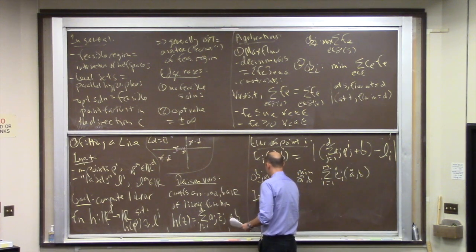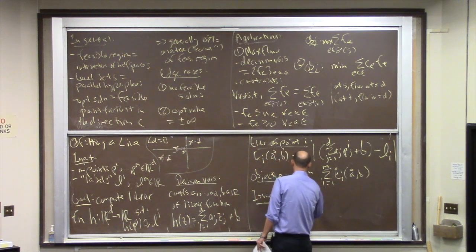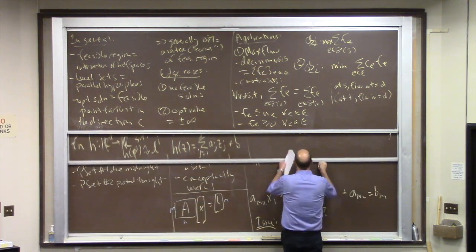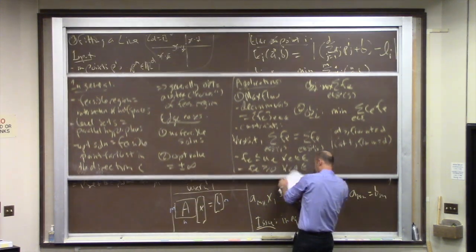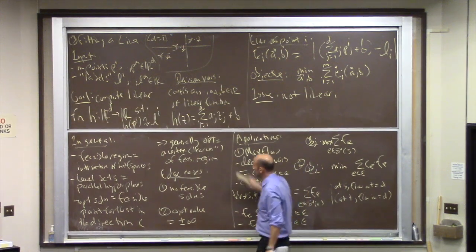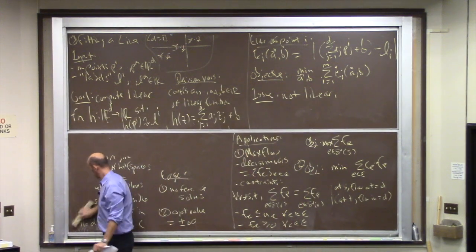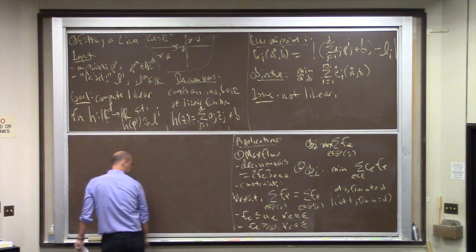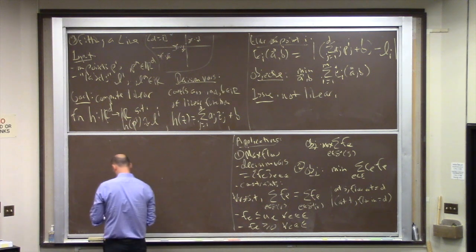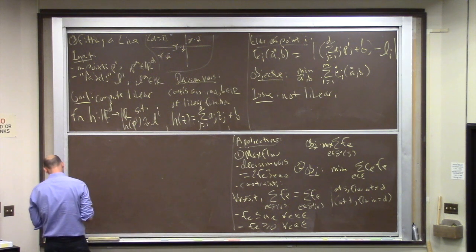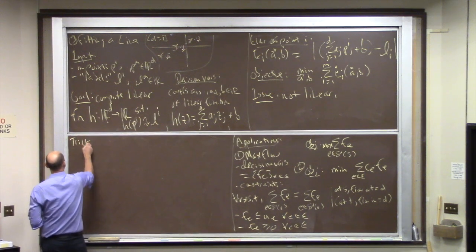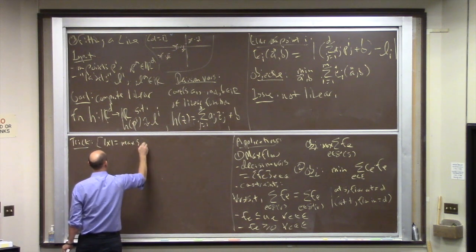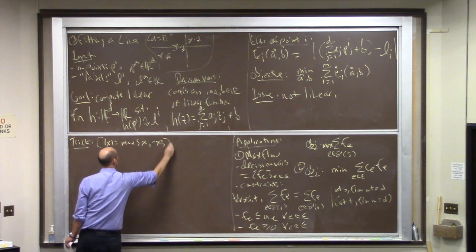So the issue: not linear. The trick: we use the fact that the absolute value of a number x is just the maximum of either x or minus x.